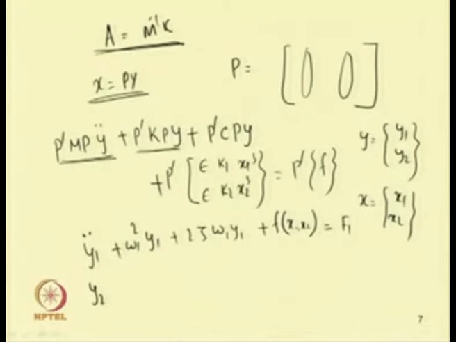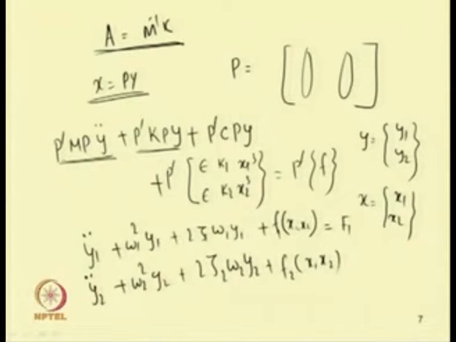Similarly, we will have the second equation y 2 double dot plus omega 2 square y 2 plus 2 zeta 2 omega 2 y 2 plus the nonlinear terms, a function of x 1 x 2, equal to f 2.